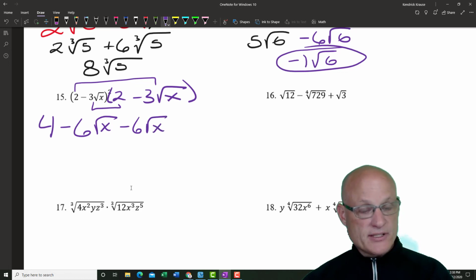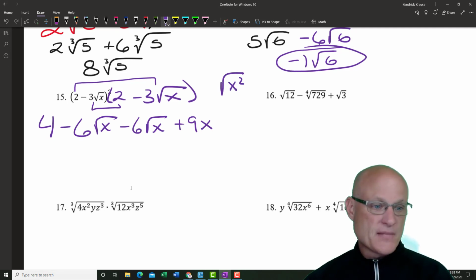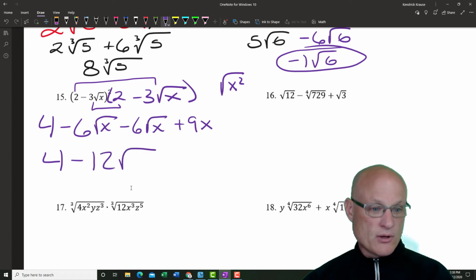And then negative 3 times negative 3 is positive 9. And then what is the square root of x times the square root of x? It's just x. It's really the square root of x squared, but that's x. All right, so we got 4 minus 12 square roots of x plus 9x.